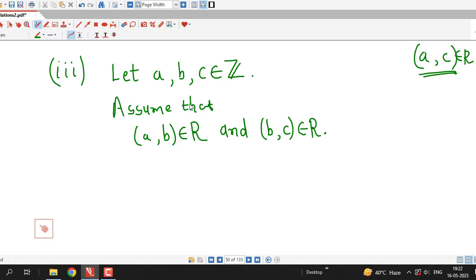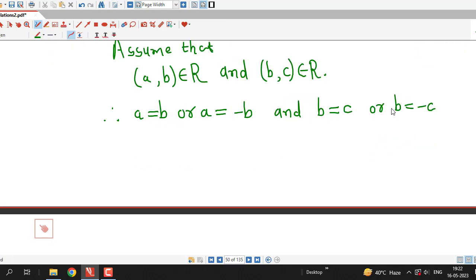For that we assume that suppose (A, B) belongs to R and (B, C) belongs to R. Now if (A, B) belongs to R, then either A equal to B or A equal to minus B. Similarly, (B, C) belongs to R implies B equal to C or B equal to minus C.